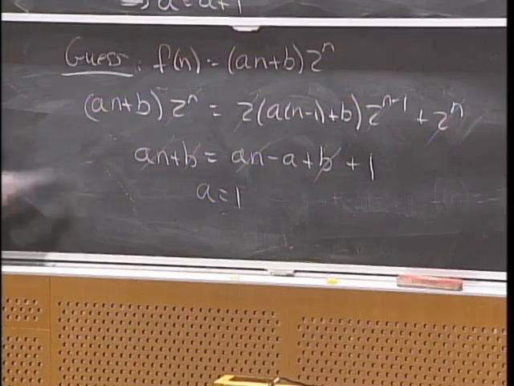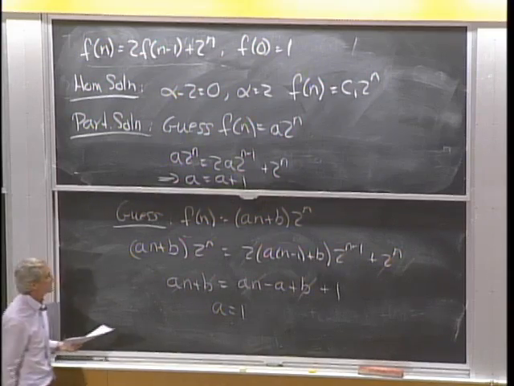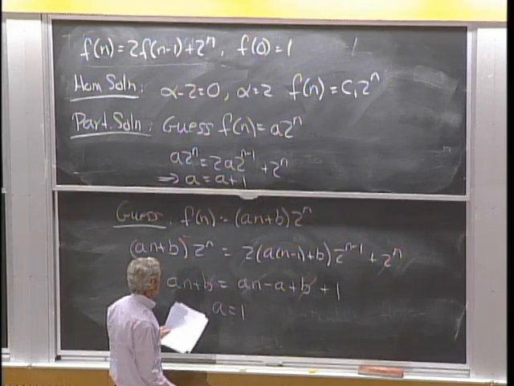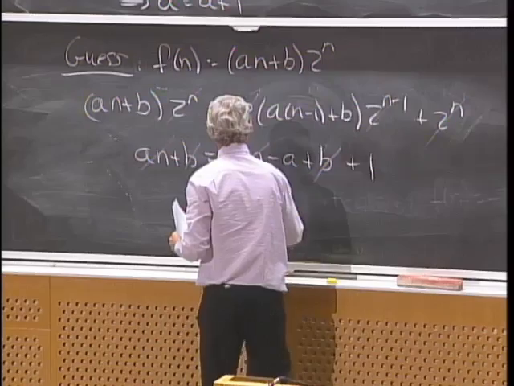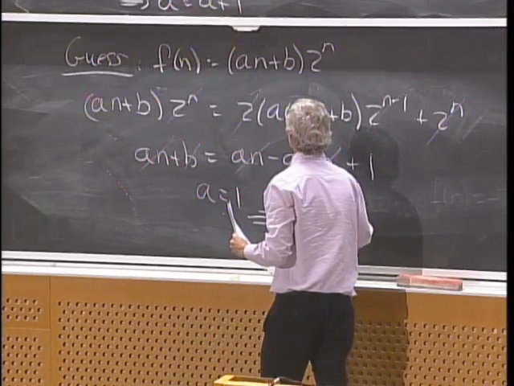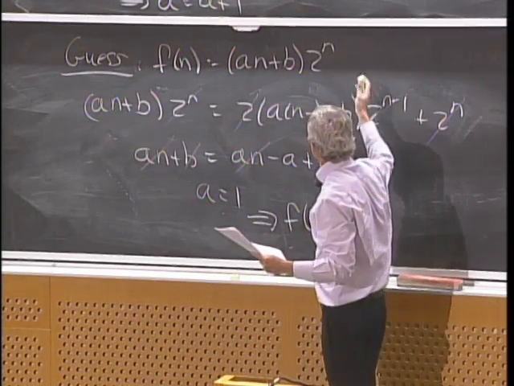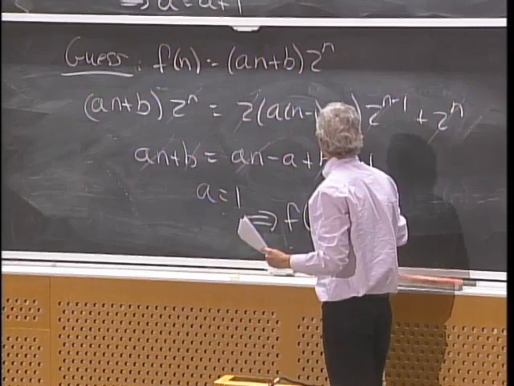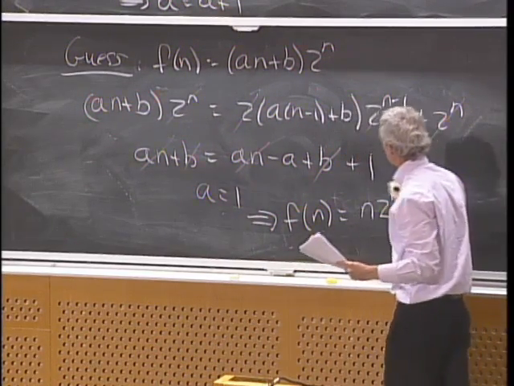And I don't care what b is. I didn't need to set it to anything. So I'll make it 0 just to get it out of the way, because it didn't matter. So my particular solution then is f of n, a is 1, b I can just make 0, so I'll make it simpler. So I get n 2 to the n. That's my particular solution.